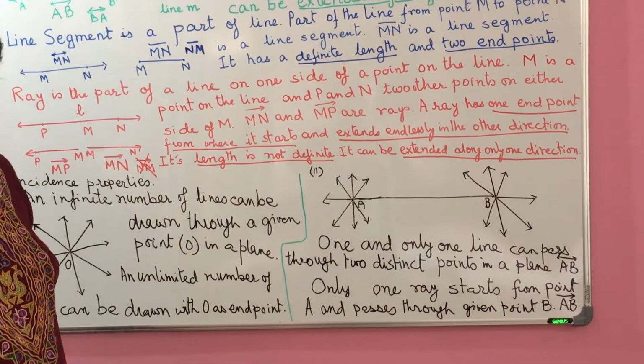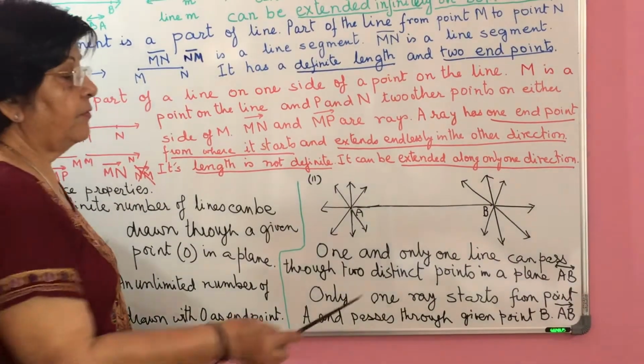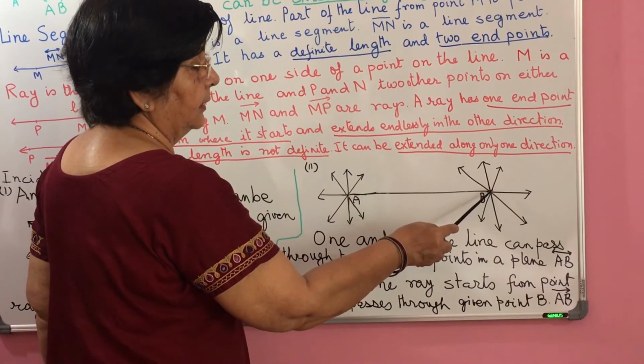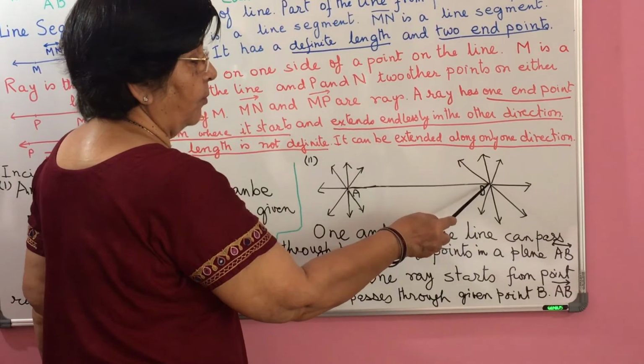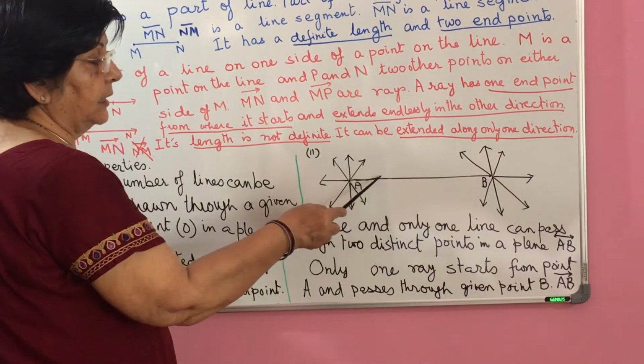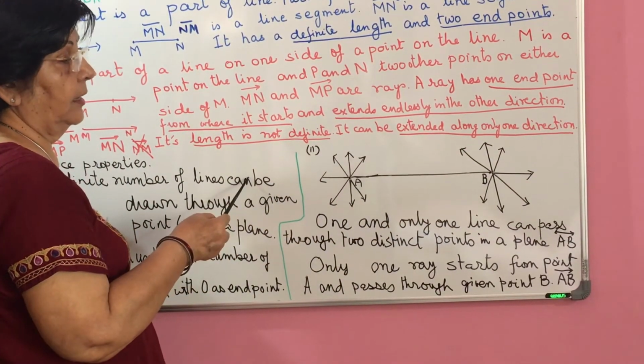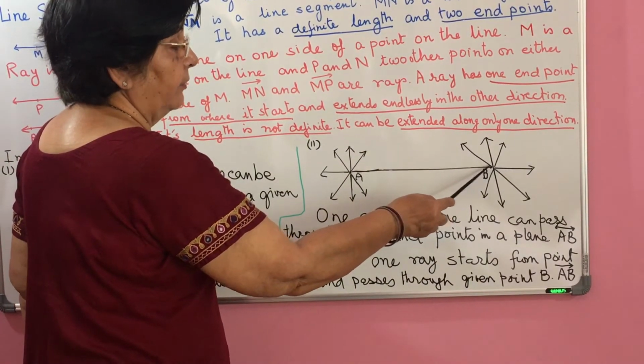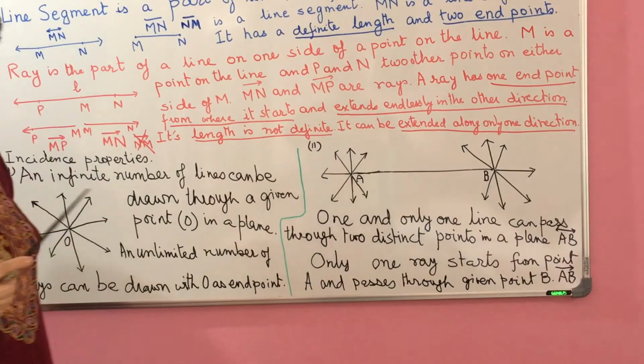Let me explain to you that if I take the endpoint as B, then the ray is starting from B and can be extended along the direction A, right? So this will be another ray and we call it BA.